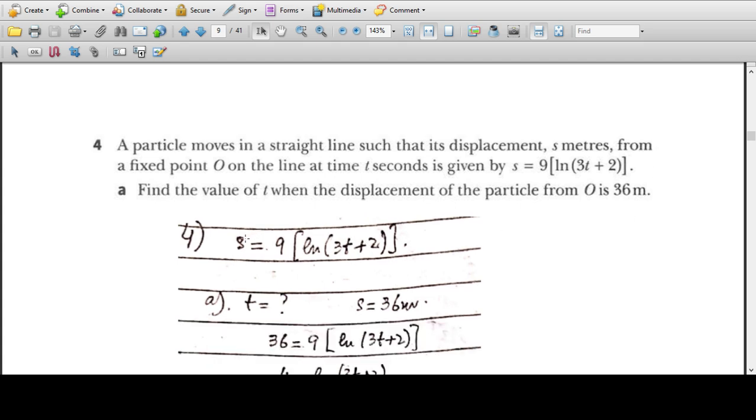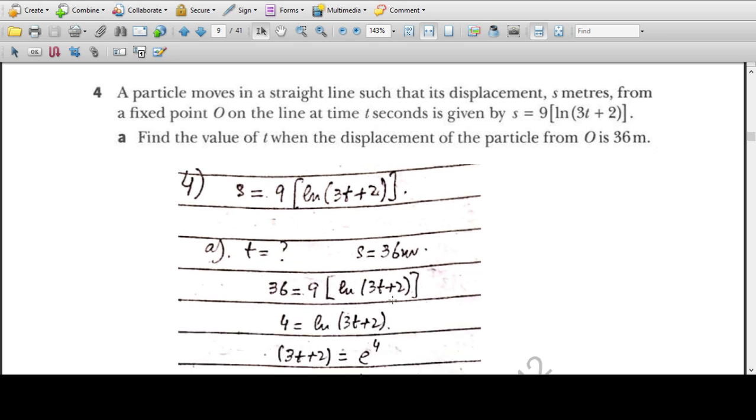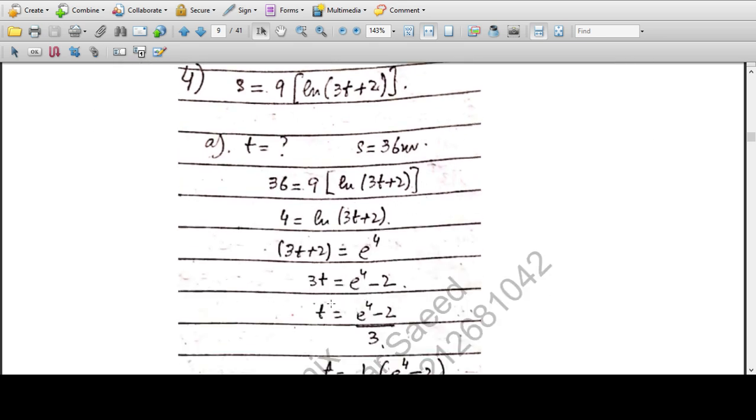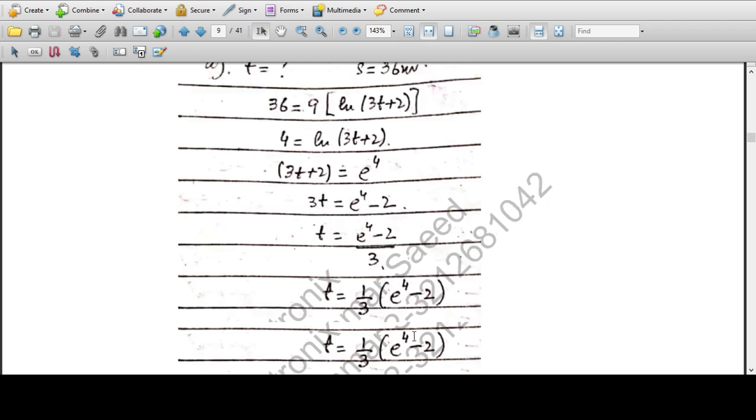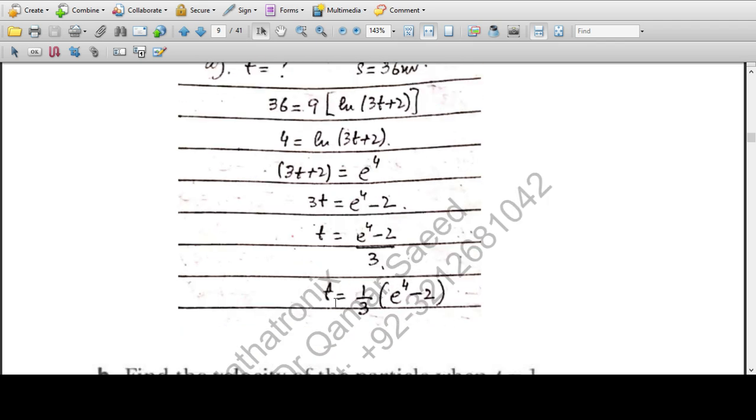In place of s we put 36, and on simplification, 36 divided by 9 is 4, so ln(3t plus 2) equals 4. Taking e power on both sides, e power 4 equals 3t plus 2, so 3t equals e power 4 minus 2, and dividing by 3, t is equal to (e power 4 minus 2) divided by 3, or t equals 1 over 3 times (e power 4 minus 2).